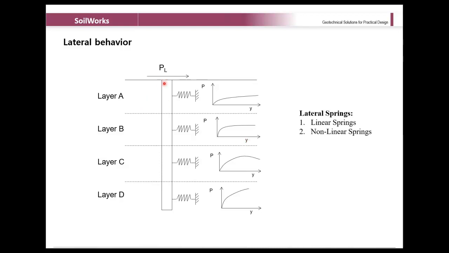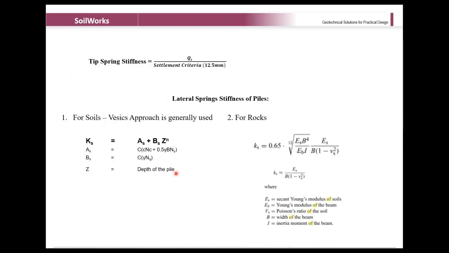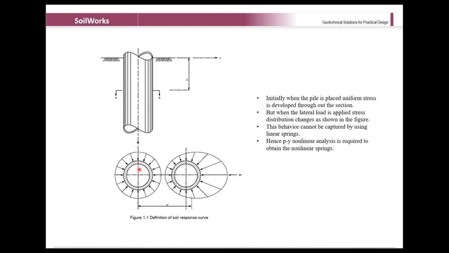So basically, let's say we have a very deep foundation, and this is a pile foundation, and we have a number of layers. In the very first case, whenever you execute your pile, the stress will be somewhat like this. Here you can see, around your section you will have very uniform pressure.